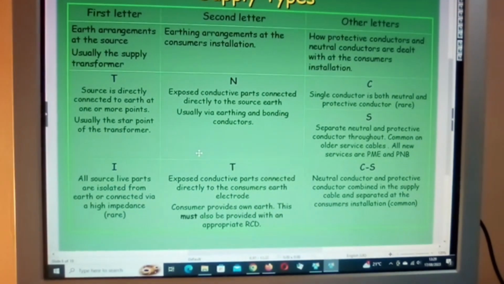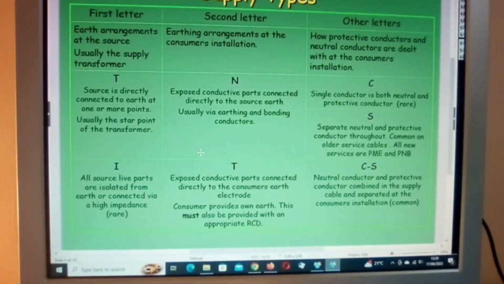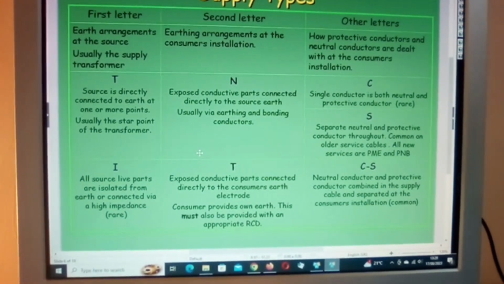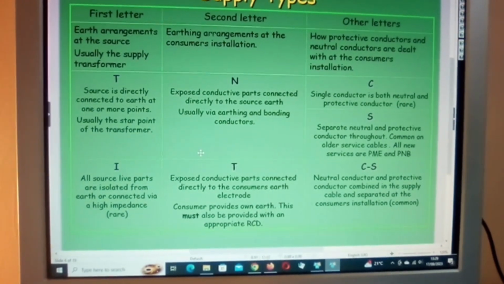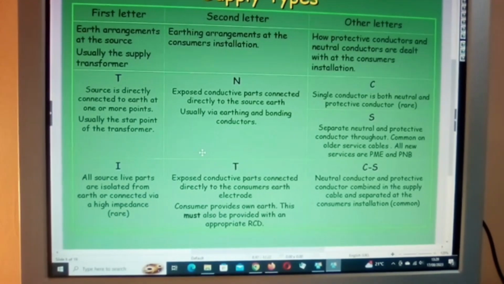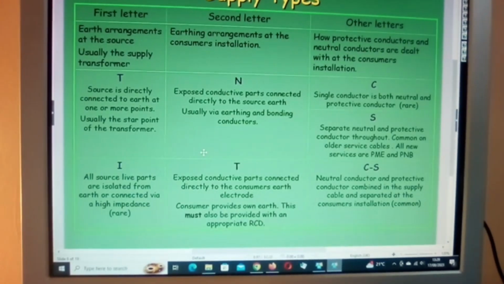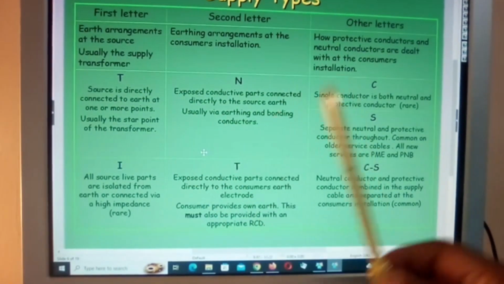Now remember that the protective conductor and neutral conductor in some cases can be bonded together at the consumer unit. So be aware whether or not they're bonded or whether or not they are individually terminated at that point. That will determine the type of system that you have.